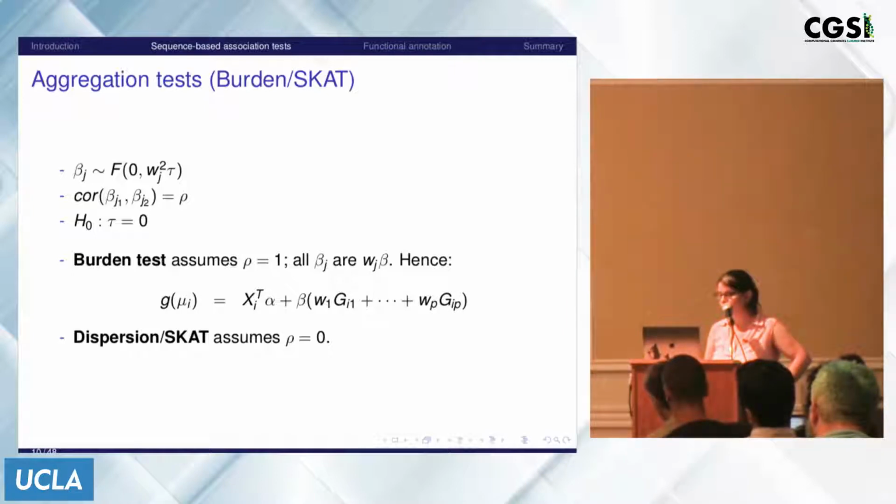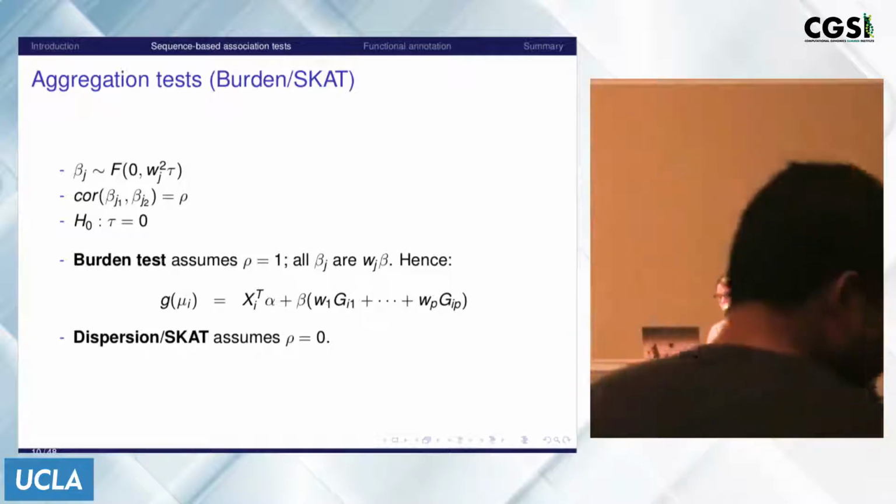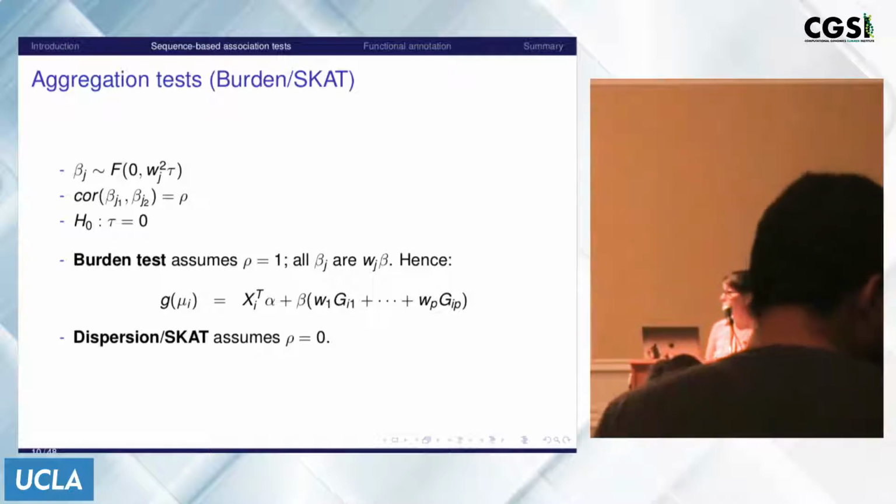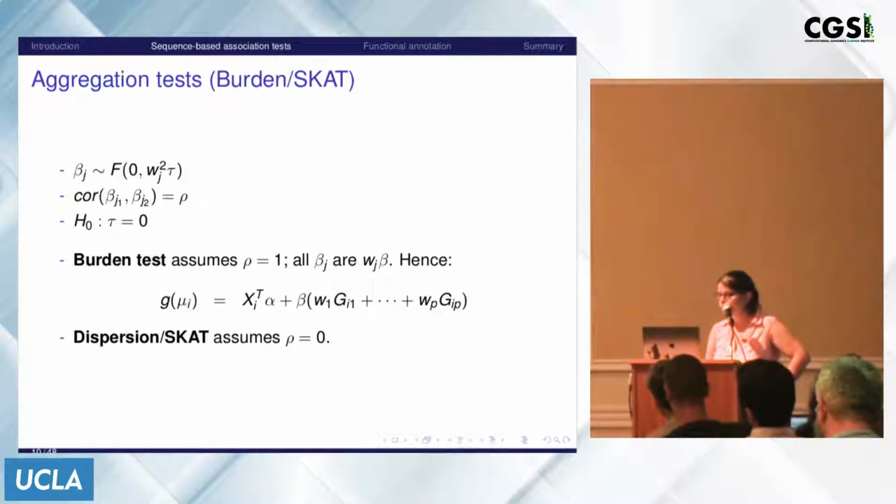And then you regress the phenotype on this weighted genotype score. For the other type of test, the dispersion test or SKAT, you assume that rho is equal to 0.